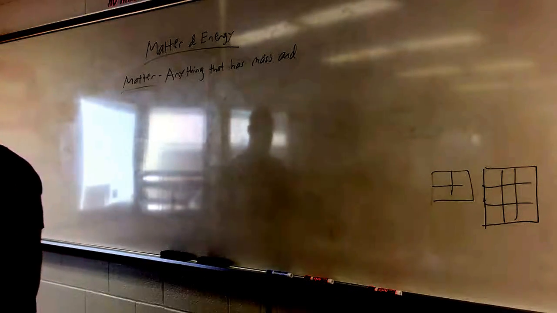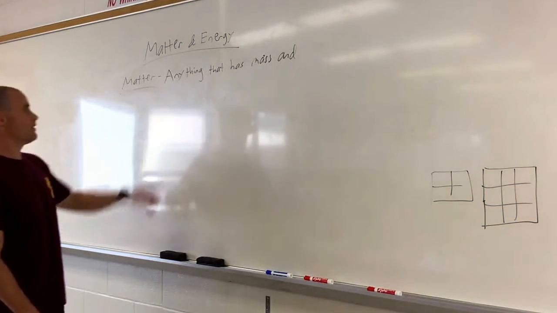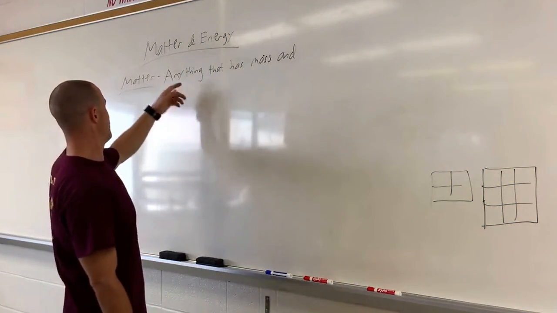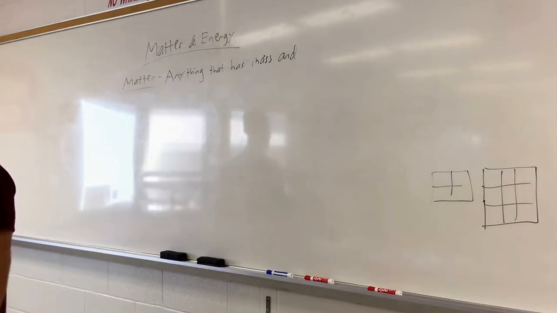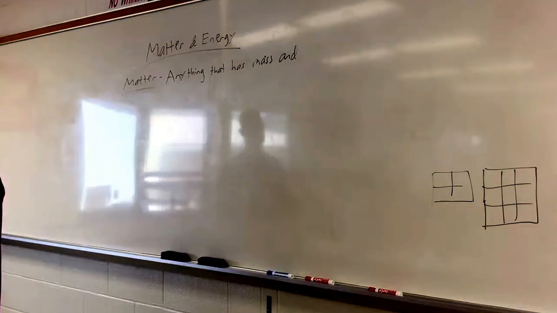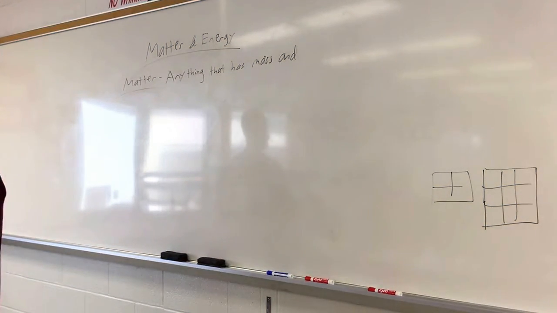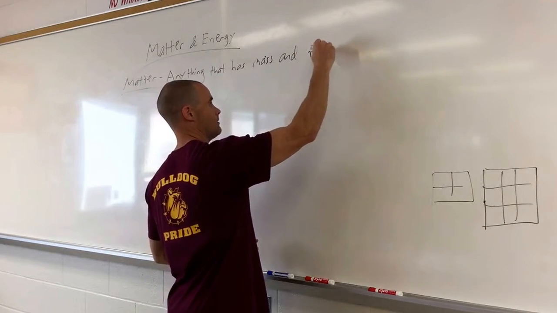Just defining what matter is. Anything that has... Oh, that's an and sign. I'll give you a hint. It's the definition of the word volume. It takes up space. Has mass and takes up space.